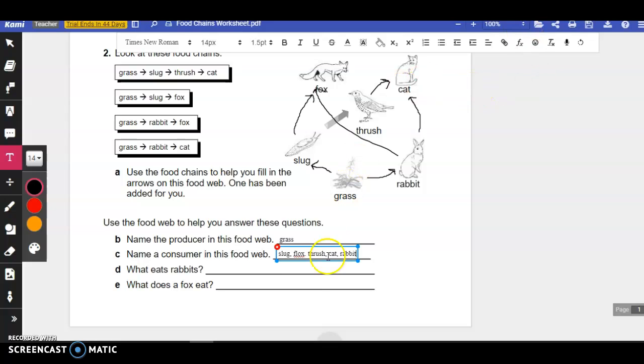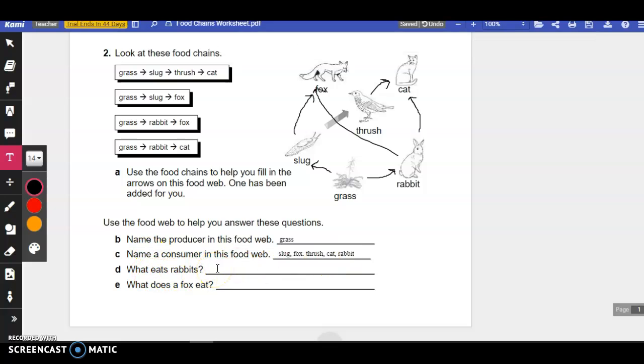All of these are technically the right answer because all of these are consumers. All of these eat something else to survive. The only thing that's not a consumer is the grass because it does not eat anything else. It survives on its own, right? So any of these is a right answer.